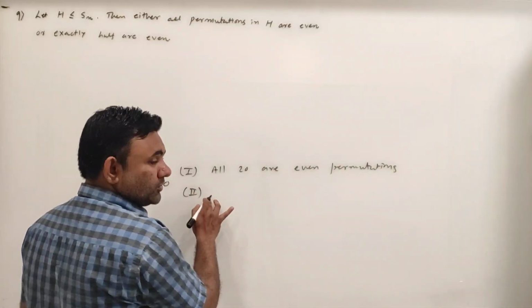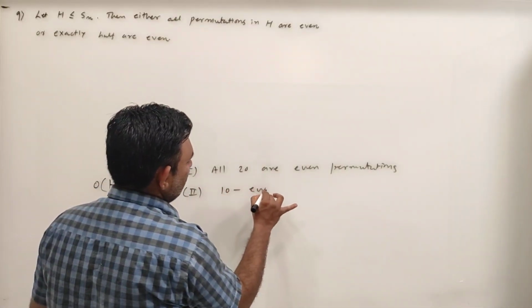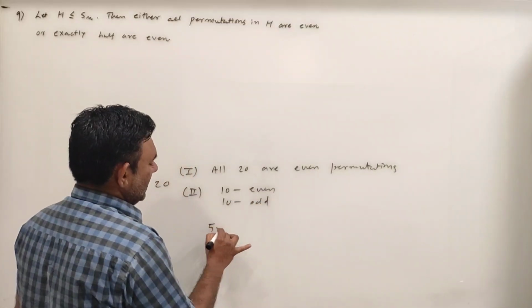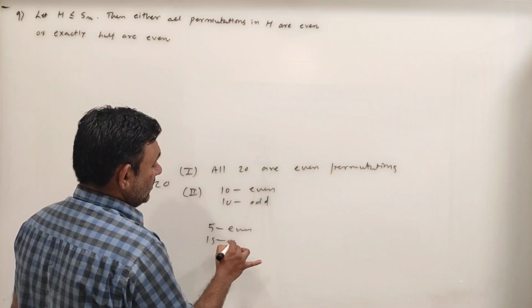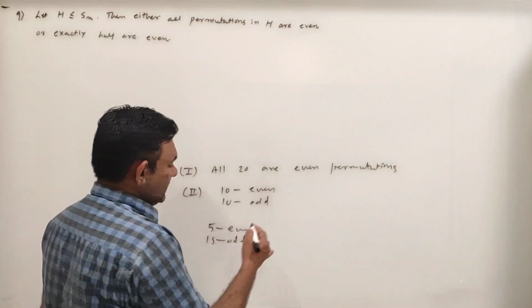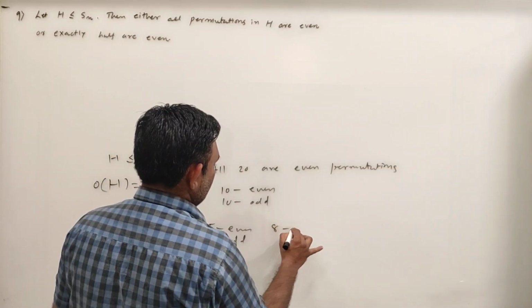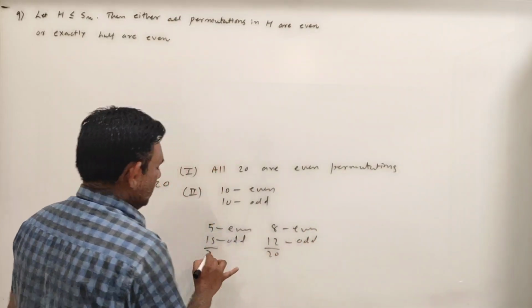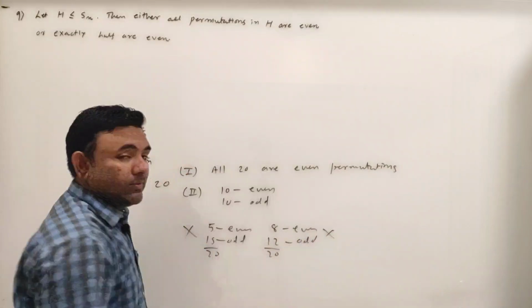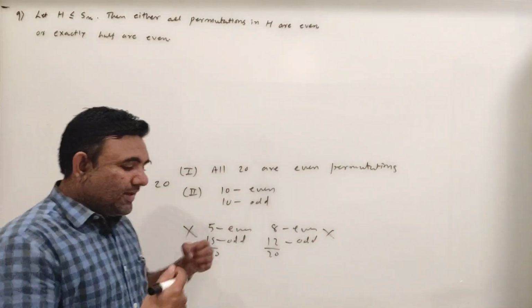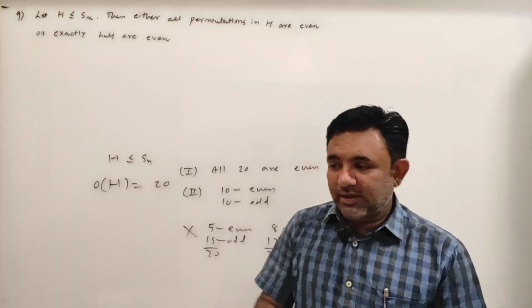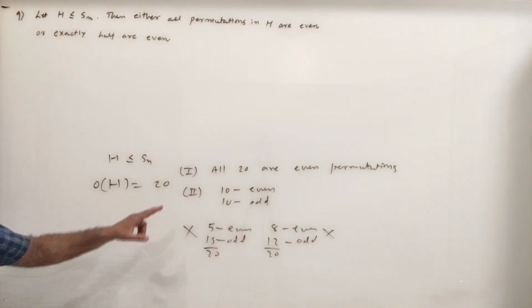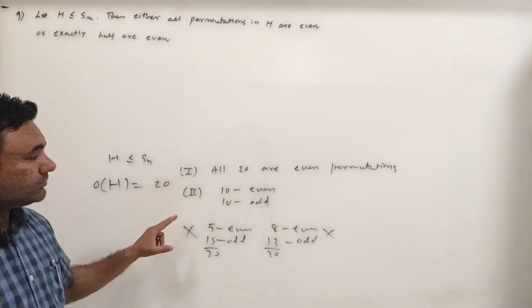So the second possibility is 10 are even and 10 are odd. It will not happen that 5 are even and 15 are odd, and it also will not happen that, suppose, 8 are even and 12 are odd and total is 20. This situation is not possible. Either all are even permutations or exactly half are even and exactly half are odd. So only these two situations are possible, right?